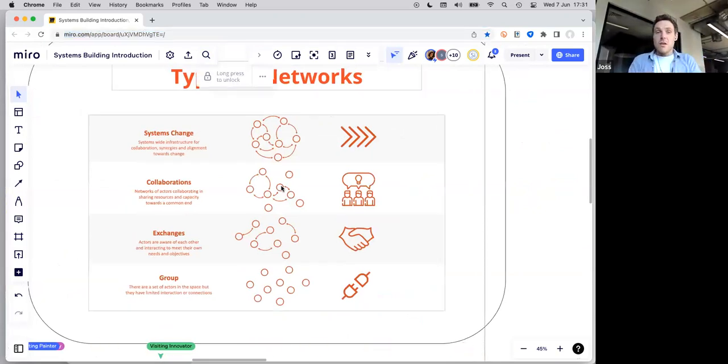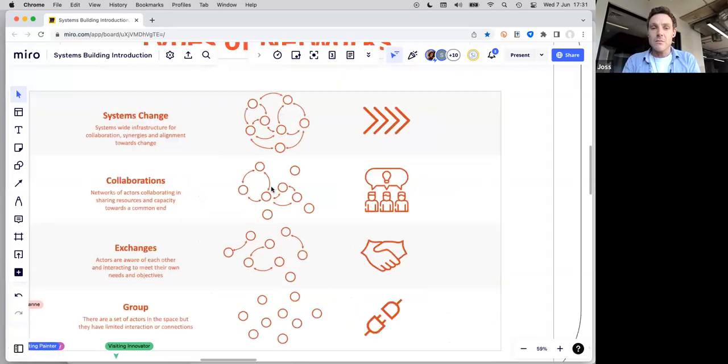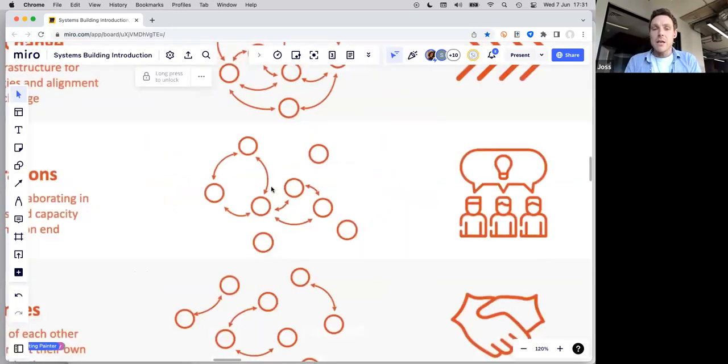Collaborations can often be piecemeal, right? If we have a system and a group of actors, they may be collaborating. Collaboration is when two people, two organizations get together and they see a shared purpose that they can't achieve individually. So they work together around that shared purpose.